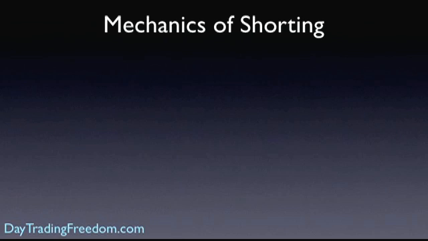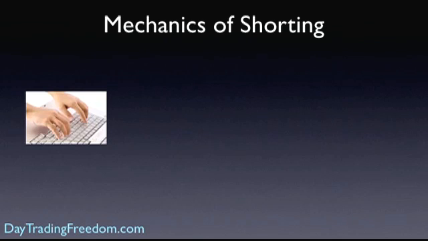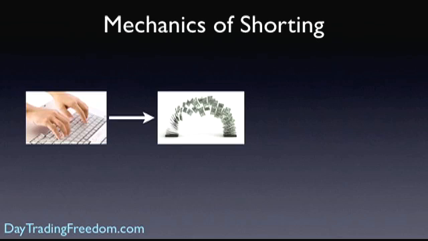So let's have a look at the mechanics of what's going on in the background. So first off, we place our order to sell. The broker, who's got our account, looks in our account and sees that we don't have any stock to sell, and therefore we're trying to sell short. So the broker lends us some stock.